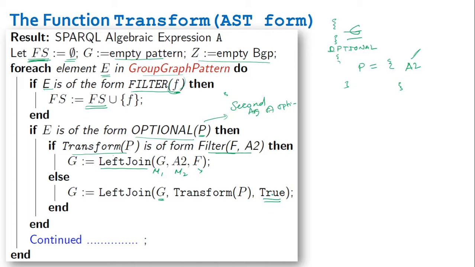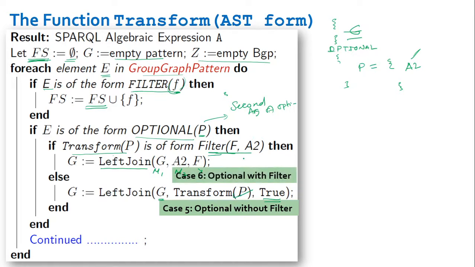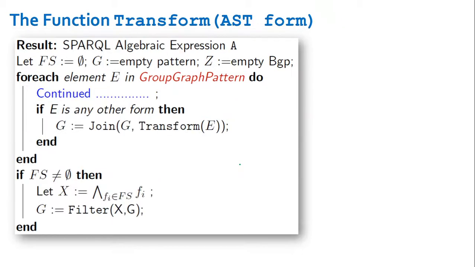That's why you are keeping the filter condition to be always true, right? So this is our case 5 of the cases, which is basically optional. So this is optional without filter, and this particular case is optional with filter, right, which is case C.